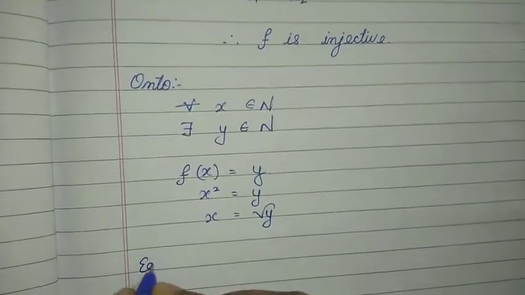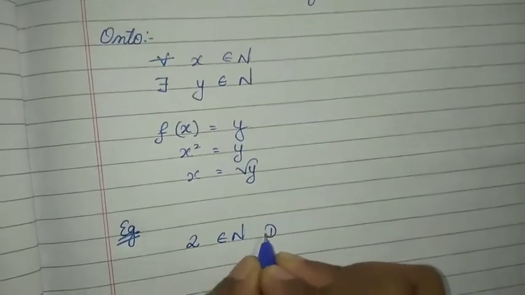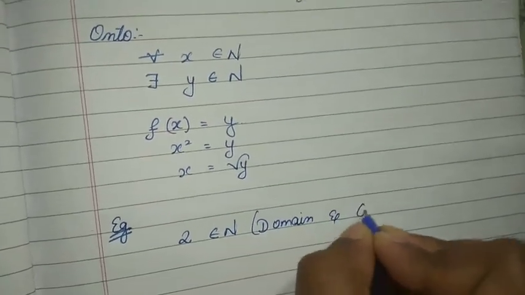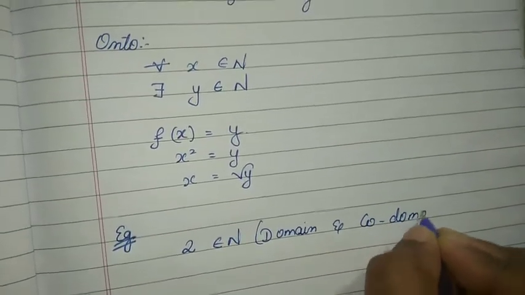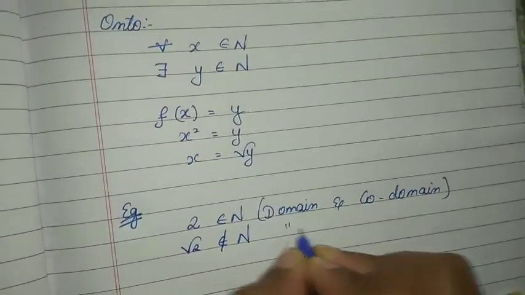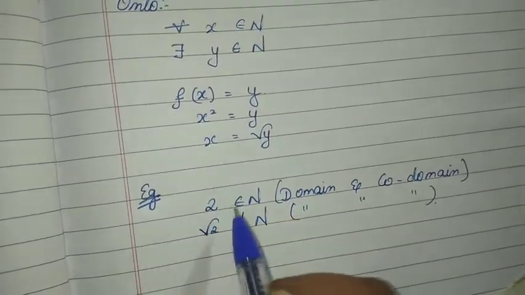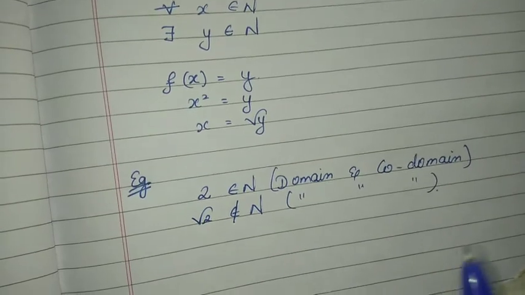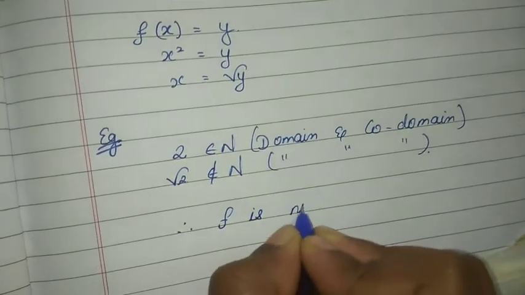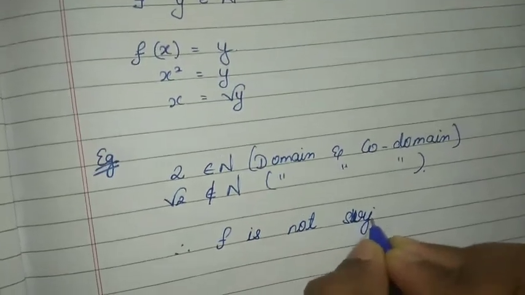So, for example, if we take 2 belongs to N in the codomain, root 2 does not belong to N in the domain as well as the codomain. So if I take y as 2, then x will be root 2, isn't it? So therefore, I will say that f is not surjective.